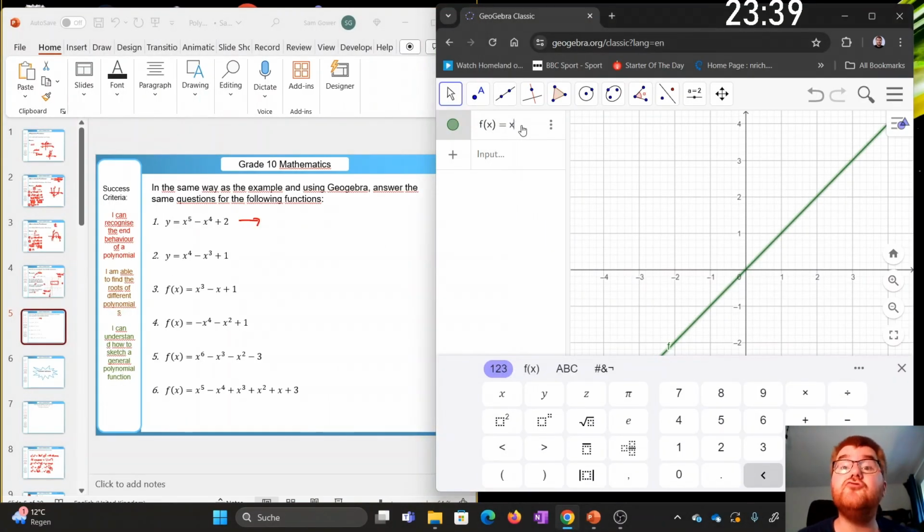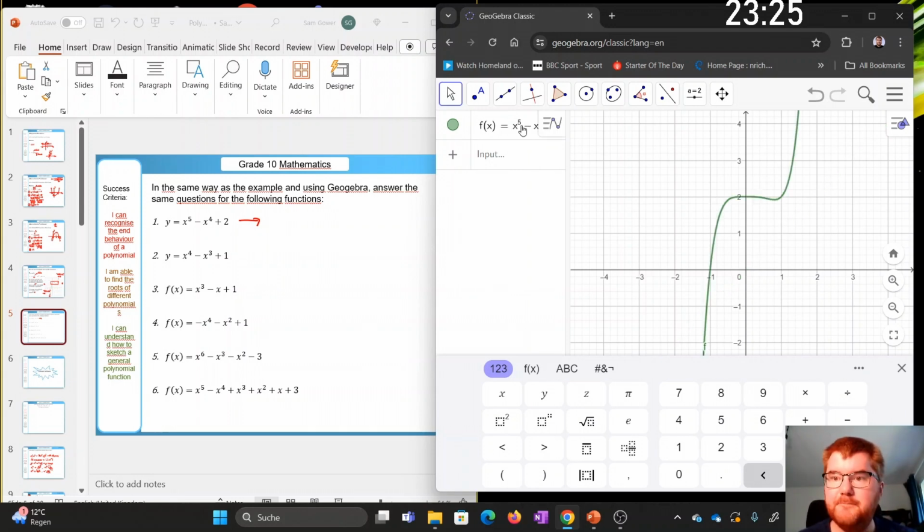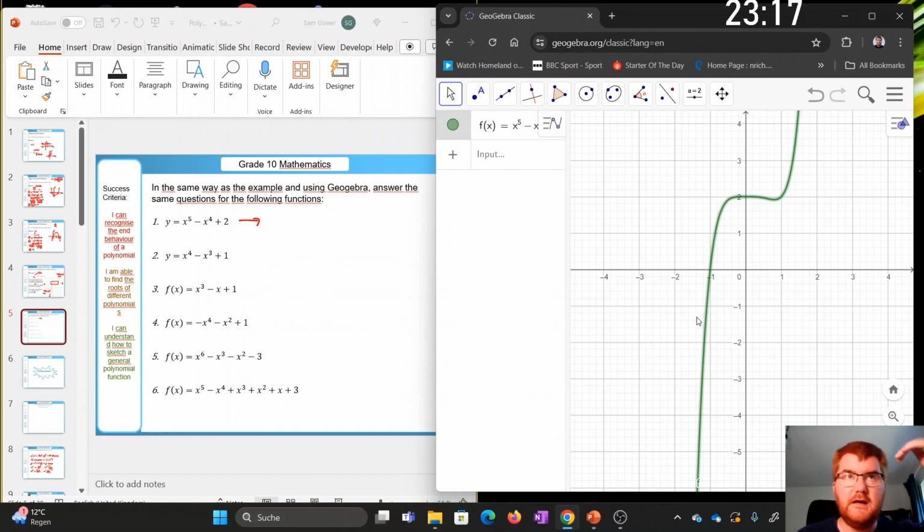So GeoGebra is a really useful tool because you can investigate lots of different functions and get a feeling for what's going on. So here we're going to do x to the power of 5 minus x to the power of 4 plus 2. And we pop that in. And if we get the function here, notice it has the same property that we looked at with x cubed, which was links unten. So at the left, it's going to negative infinity, rechts oben.